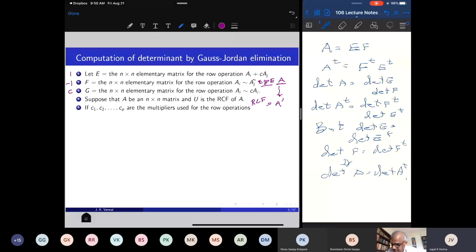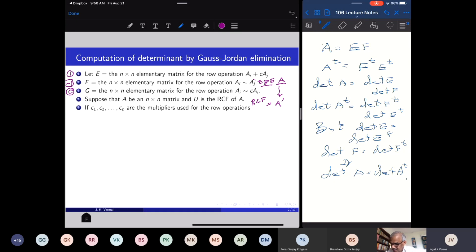So we keep track of how many times we exchanged rows, and how many times we multiplied a row by a number c. Multiplying a given matrix by E does not change its determinant.